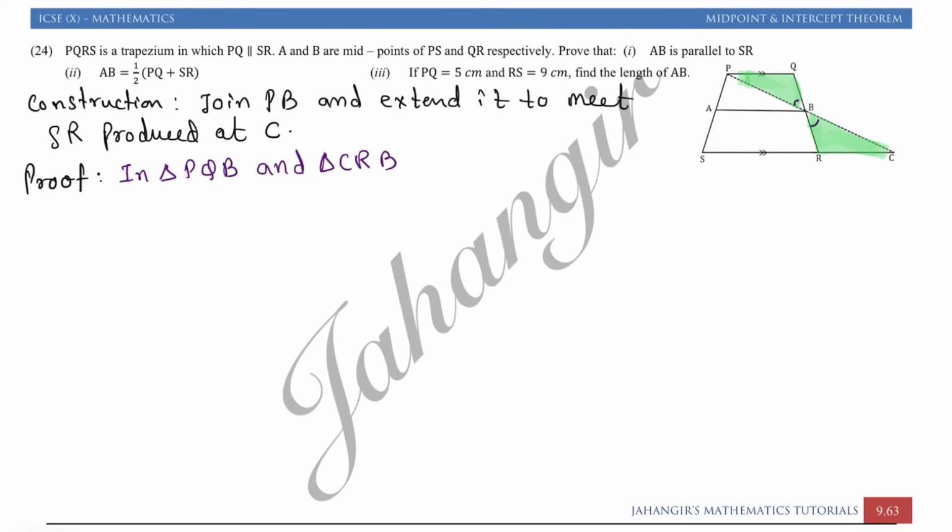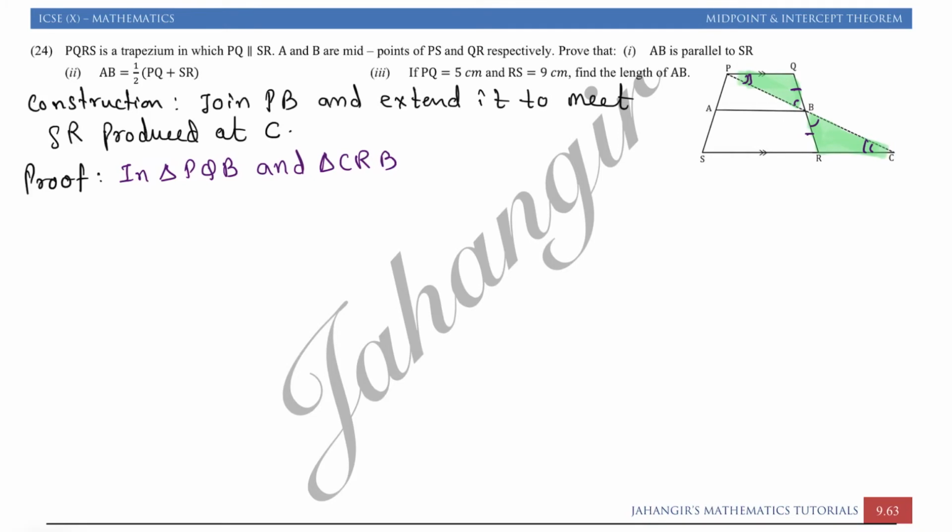Vertically opposite angle is given. B is the midpoint. This side is equal to this side, and one more alternate angle. We can take any alternate angle. This angle is equal to this. So therefore triangle will be congruent by angle side.